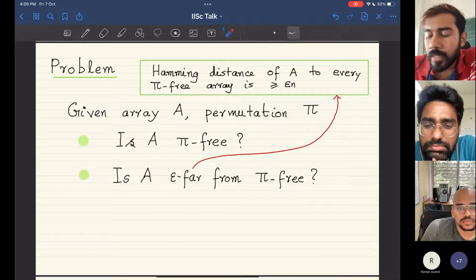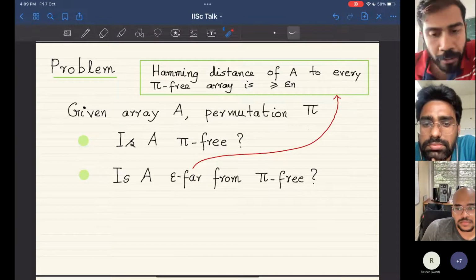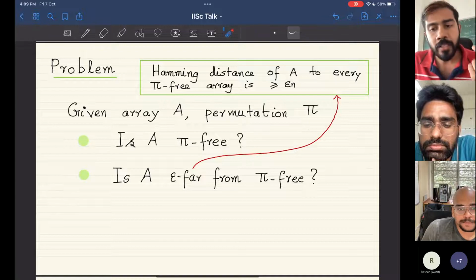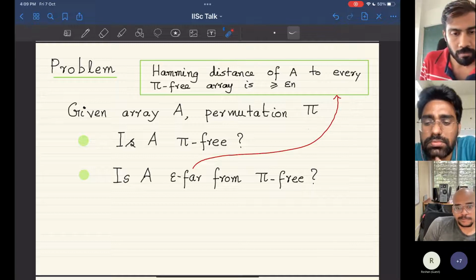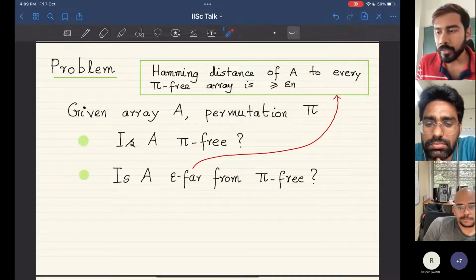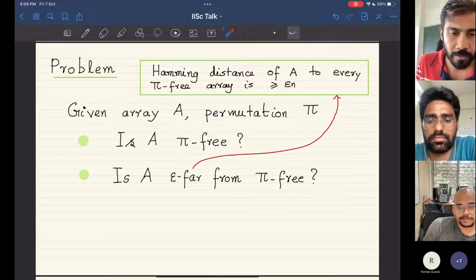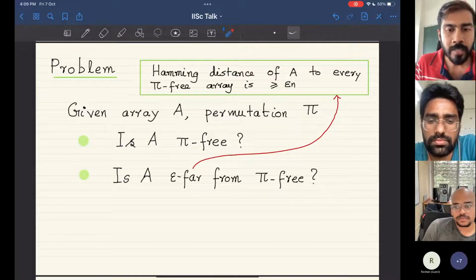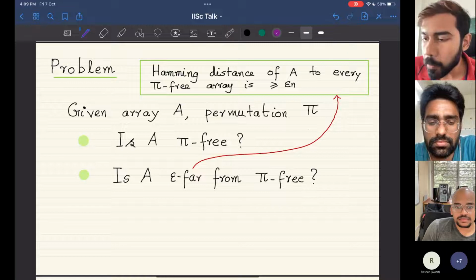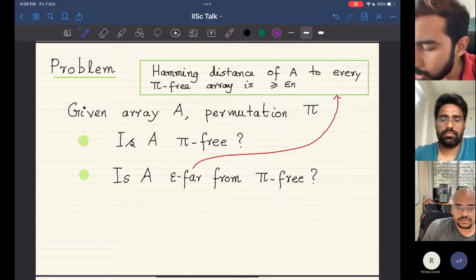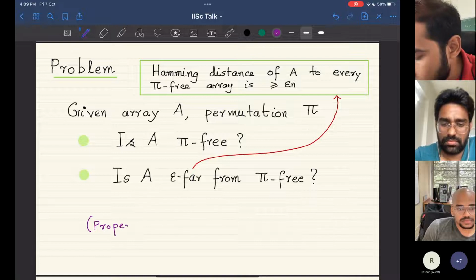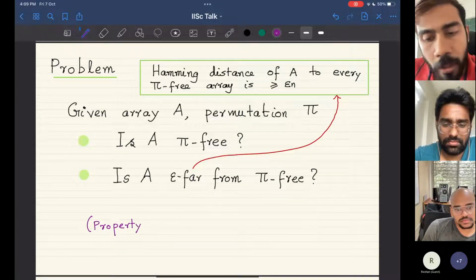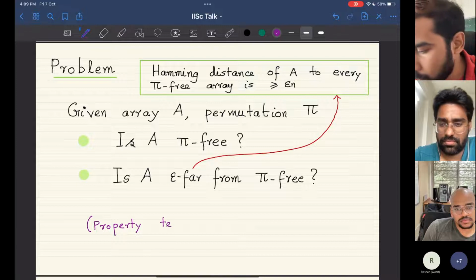So it is clearly a relaxation of the exact question of asking whether the array is pi free or not, and this is called a property testing relaxation. It's a standard question. This type of question is really well studied in the field of property testing. So this is a property testing problem for the property of pi-freeness.